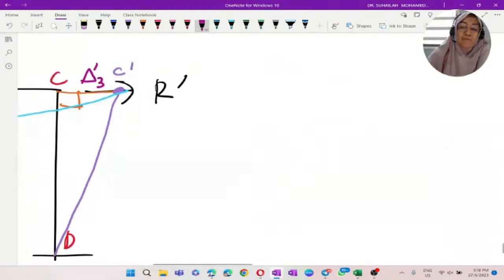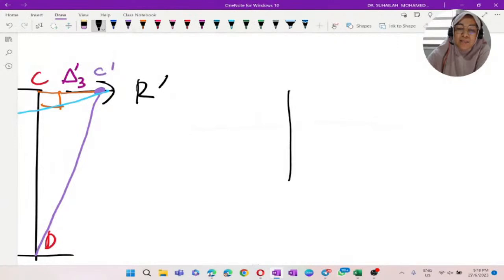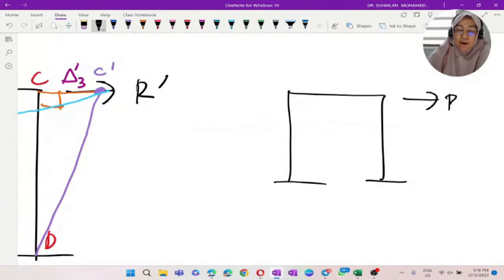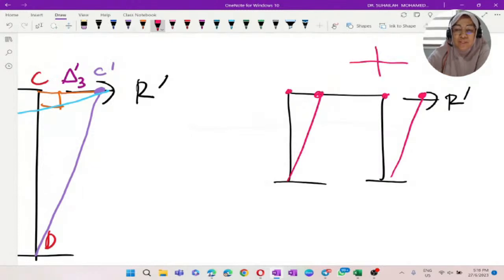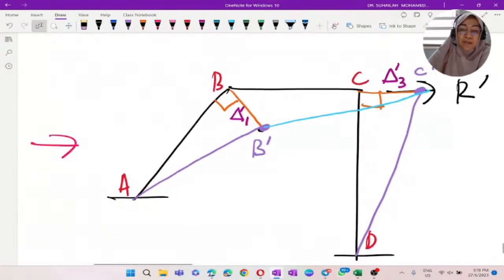Previously, when we analyzed this type of frame due to R prime, this point would move to this point, and this point would move to this point. There was no vertical movement, no vertical deflection. Because the beam is a horizontal member, we have to measure the vertical displacement.